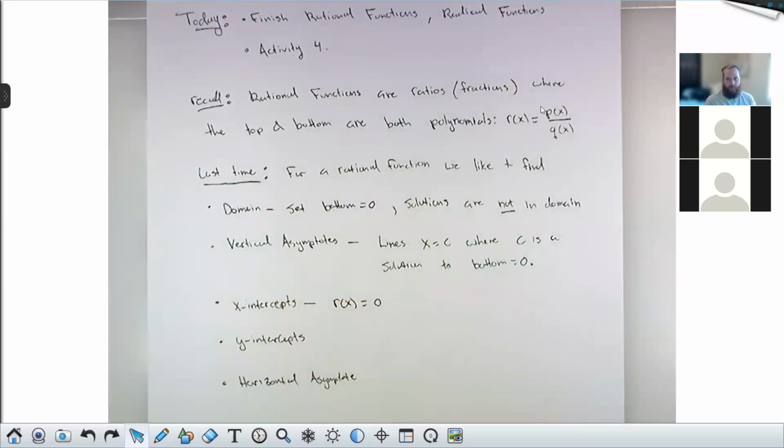If r of x is this fraction, p of x over q of x, when are fractions 0, right? Like in order for a fraction to be equal to 0, what can you tell me about the top and bottom, the values of the top and the value of the bottom?